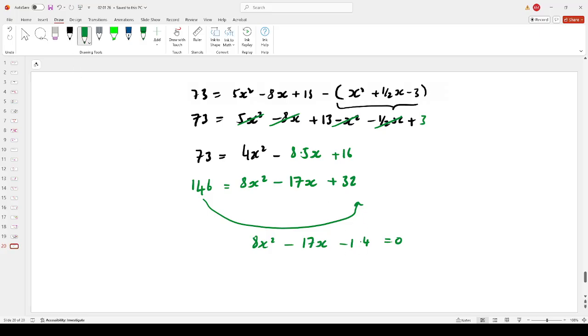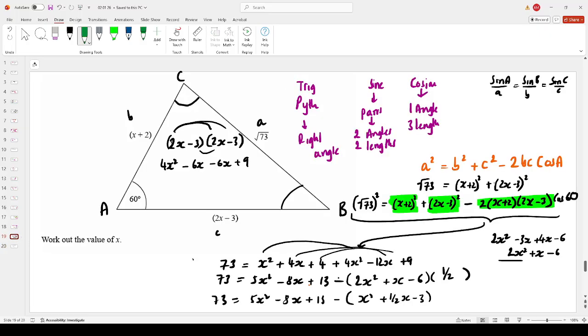Okay, let's go back a second. So let's see what if anything did go wrong. I times it by half, so that 2x squared got a half, that's minus x squared. That got a half, so that's half, and that got a half, that is 3. Yeah, that makes sense.